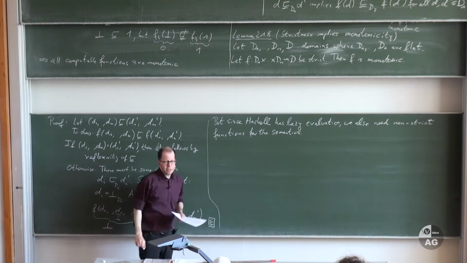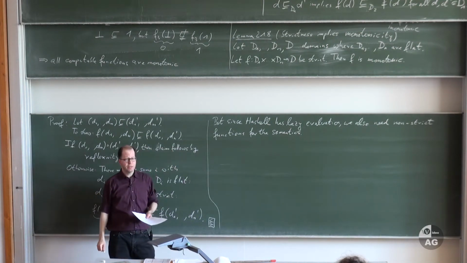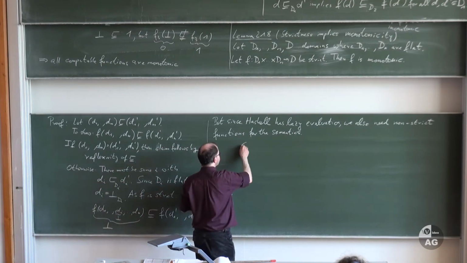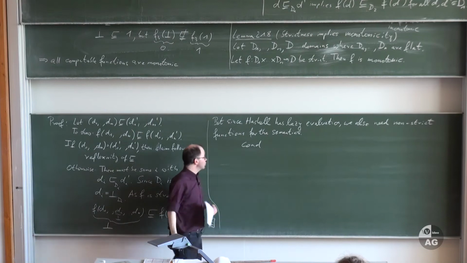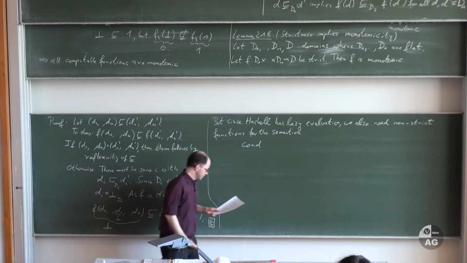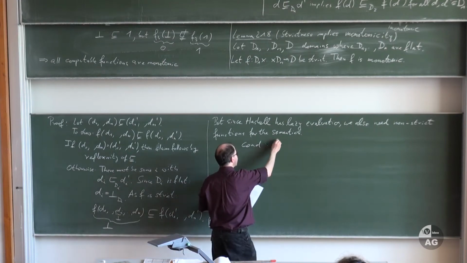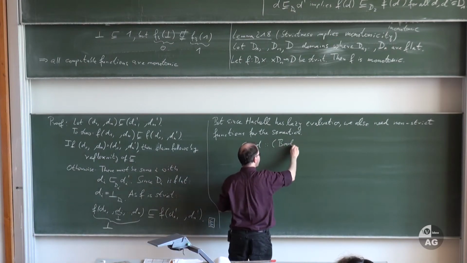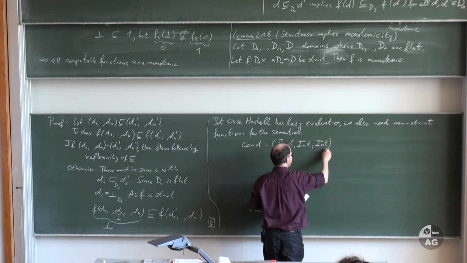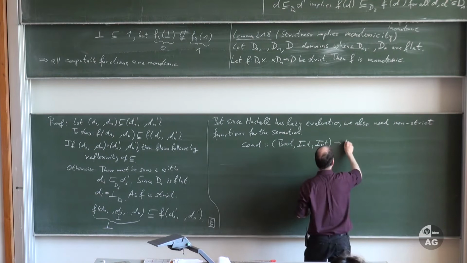And well, here's another example where again we can illustrate why we need non-strict functions in the semantics. For example, the following conditional program which implements something like if then else. So cont takes a Boolean and two integers, and depending on the Boolean, it returns the second argument or the third argument.